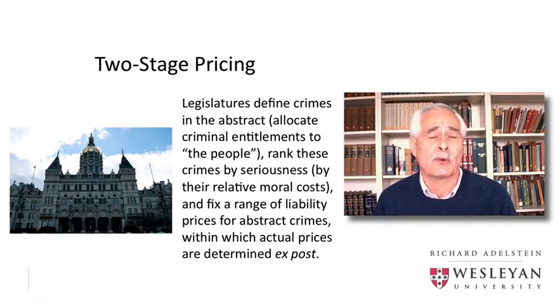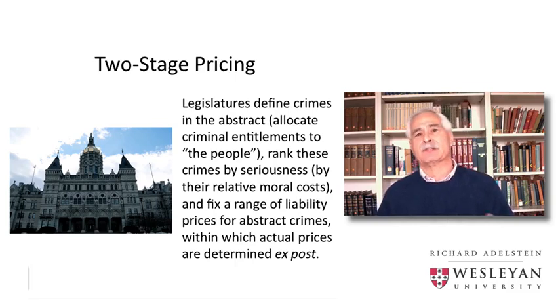The sentencing authority in the trial court, whether that's the jury or the judge, then fixes the final penalty for a crime within the range of sentences which have been set by the legislatures for crimes in the abstract.